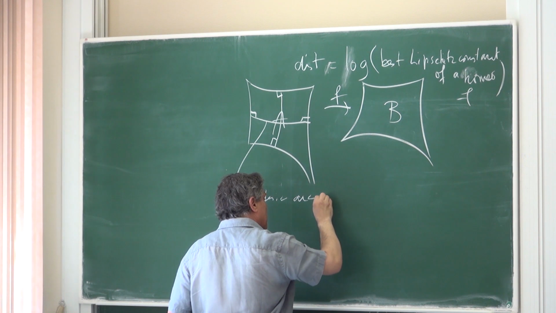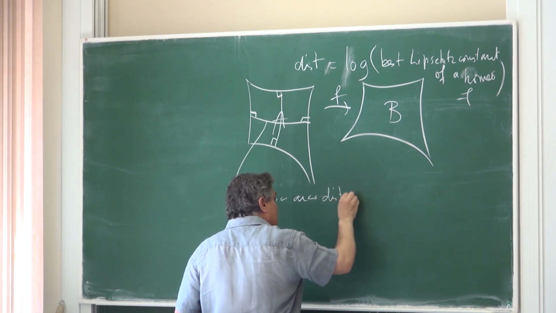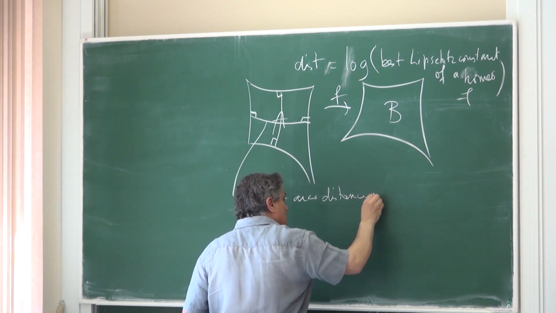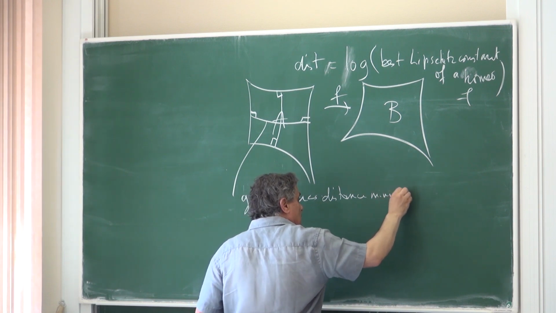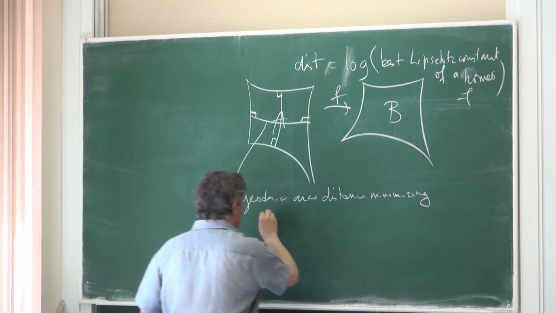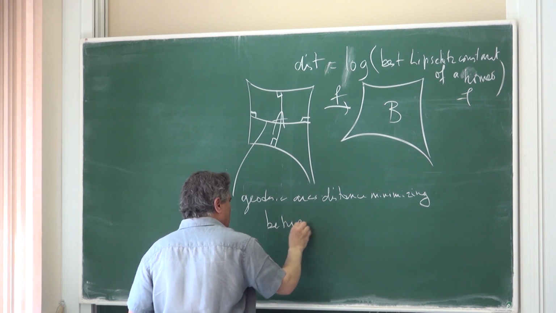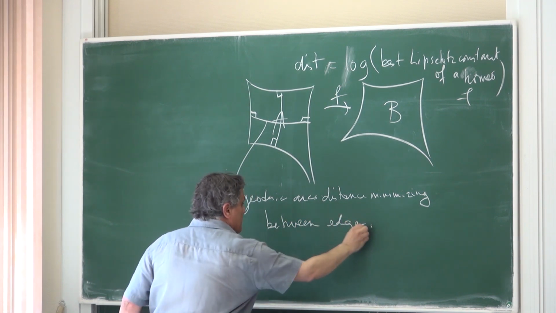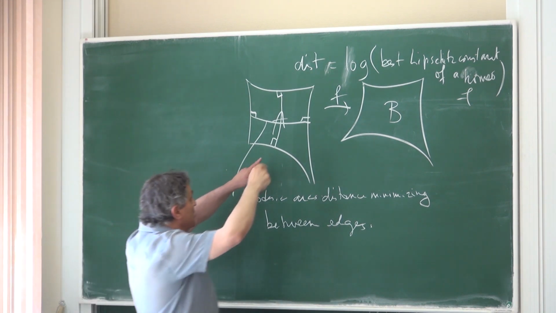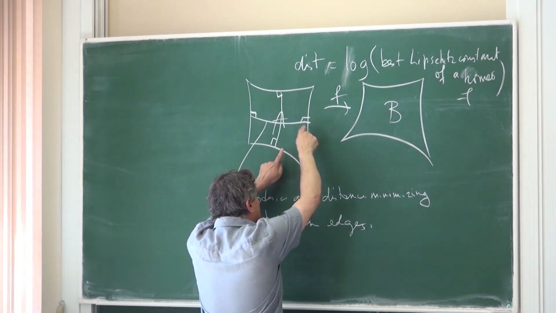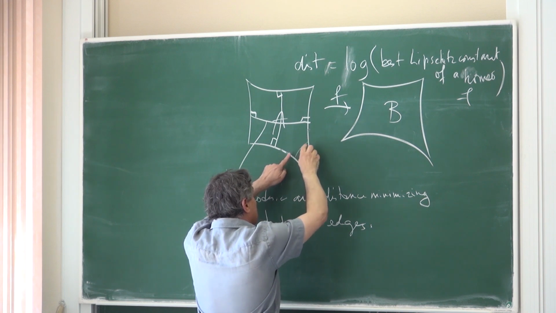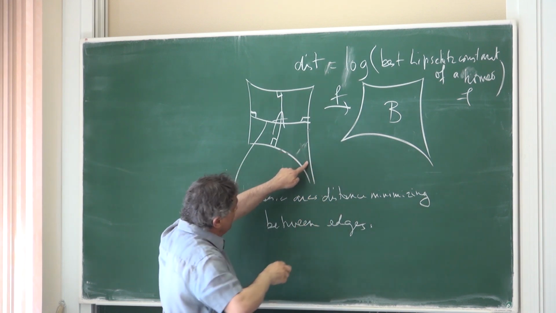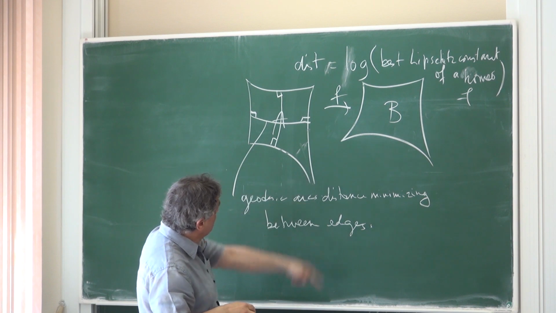which are distance minimizing between the edges. So I cannot take the distance minimizing geodesic arc between this edge and this edge, because the length of the arc will go to 0, in fact.